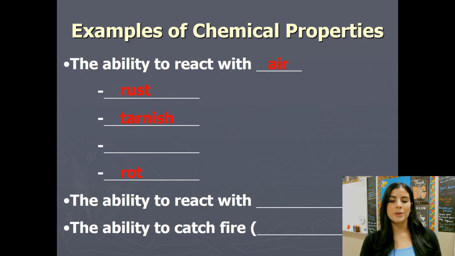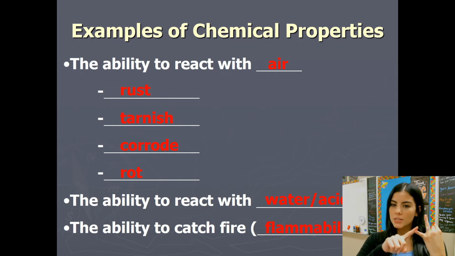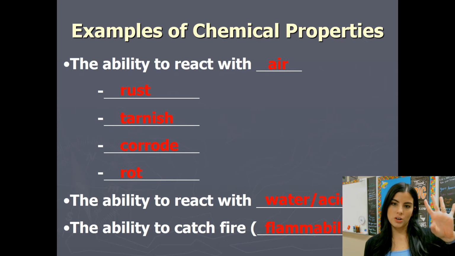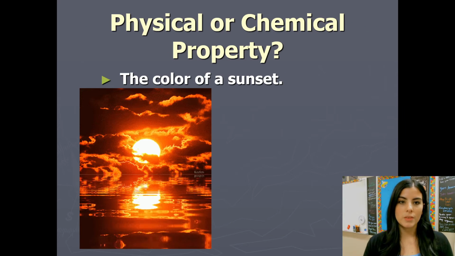The ability to react with water or acids, and the ability to catch fire, which means flammability or combustion. You might hear that word as well. So again, these are chemical properties. When something rusts, tarnishes, corrodes, rots. Whenever water reacts with acid, it gets hot and kind of bubbles. And then flammability and combustibility.